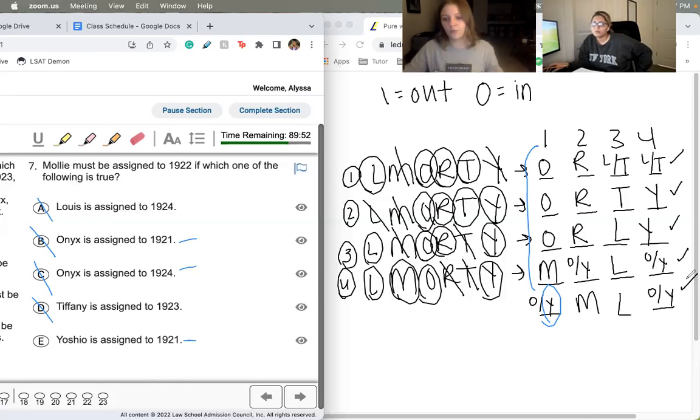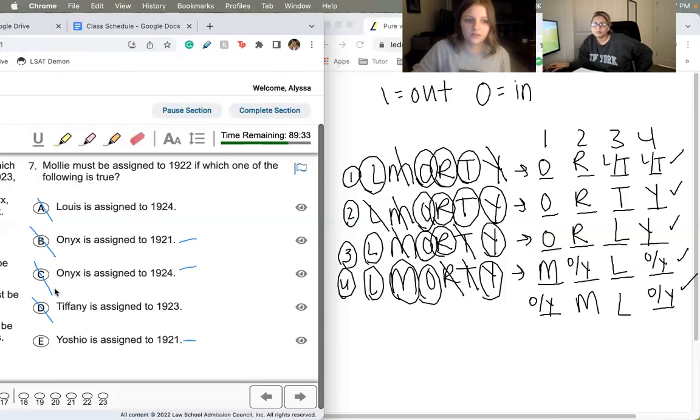I have another world where O is in a 4th position and M is in my 1st. I have another world where O is in my 1st position. L and T just don't even really have a chance because they're just always flip-flopping. It doesn't force anything to happen with M. So that's why Y is our answer. Does that make sense? Yeah.